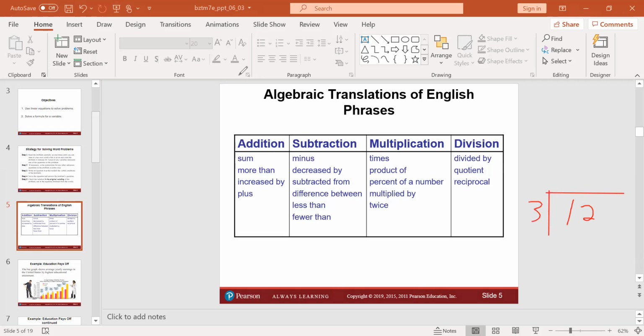Of course, 12 divided by 3 is 4. The different terms we use, 3 is going to be called the divisor. It's what's doing the dividing. It's what you're dividing by. The 4, the result of division, is usually called the quotient. And then the 12 has a funky name, the dividend. It's what's being divided.